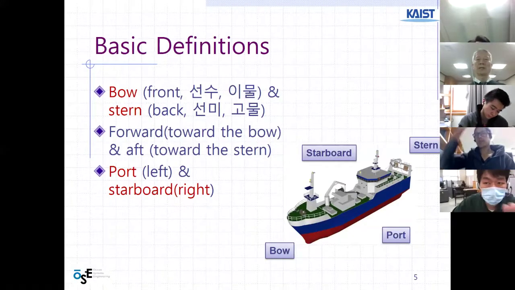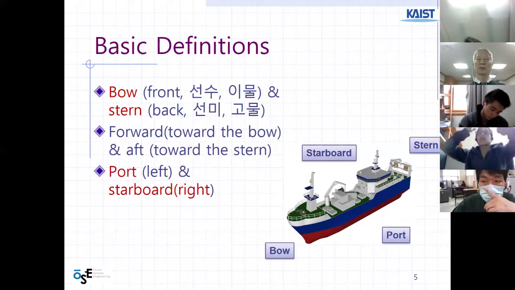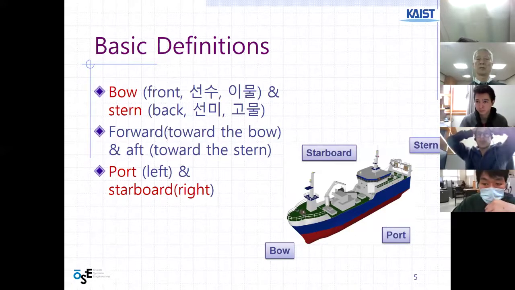So, basic definition of directions of the ship: the front part, back, left and right have their own special names.